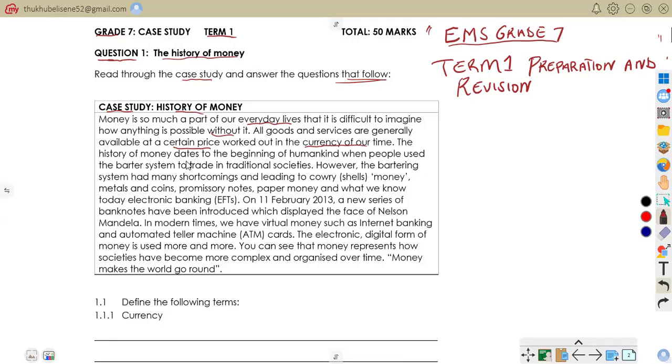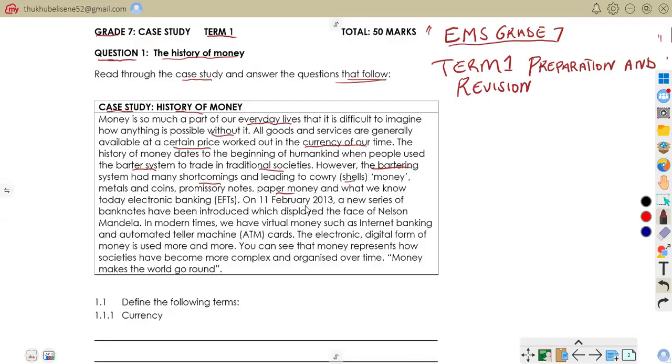The history of money dates to the beginning of humankind when people used the barter system to trade in traditional societies. However, the bartering system had many shortcomings, leading to cowrie shells, money metals, coins, and the promissory notes, paper money, and what we know today as electronic banking transfers.